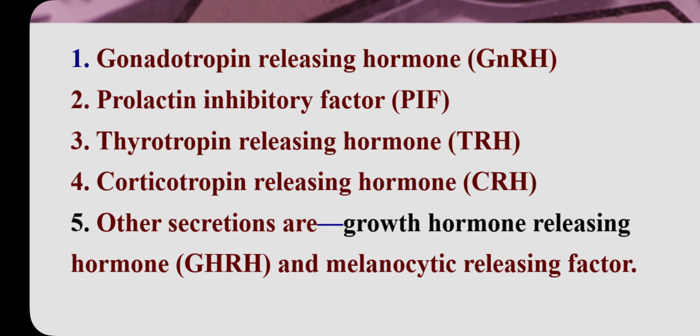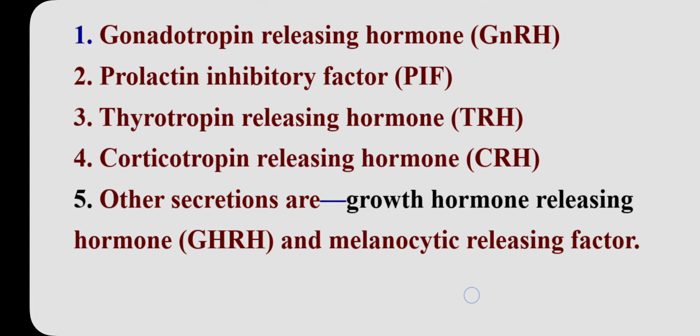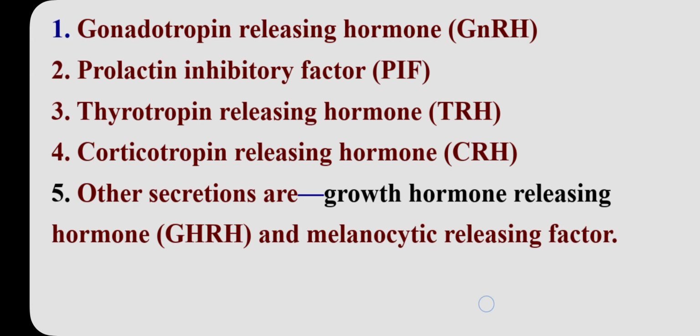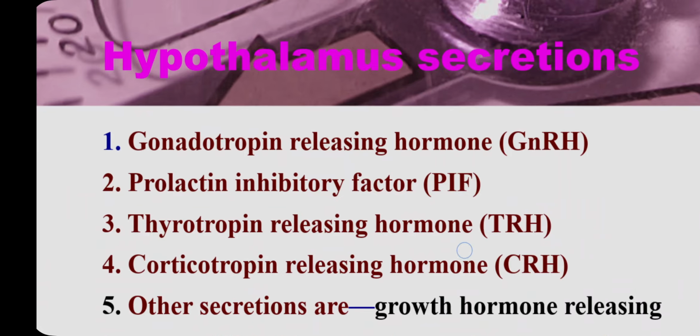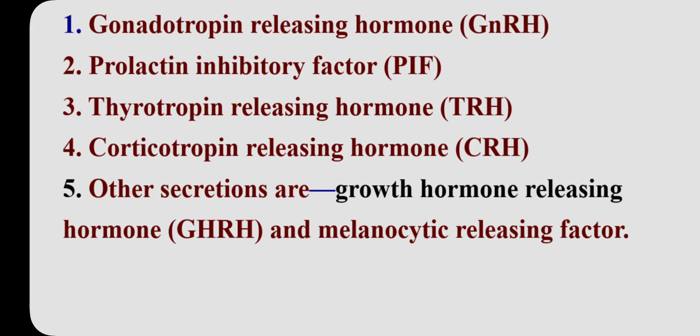Second is the prolactin inhibiting factor, PIF. Third is TRH, the thyrotropin releasing hormone. And fourth is CRH, the corticotropin releasing hormone, and other secretions like GHRH, growth hormone releasing hormone, and the melanocyte releasing factors. So these are the secretions of the hypothalamus. We will study them one by one.